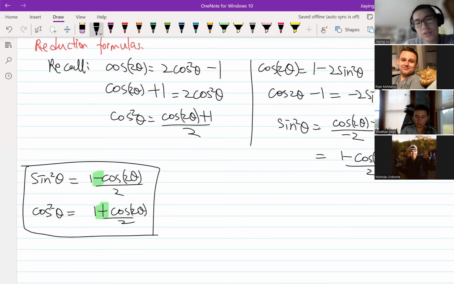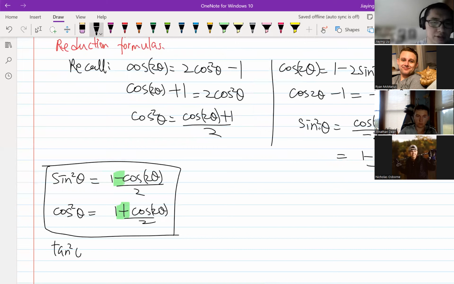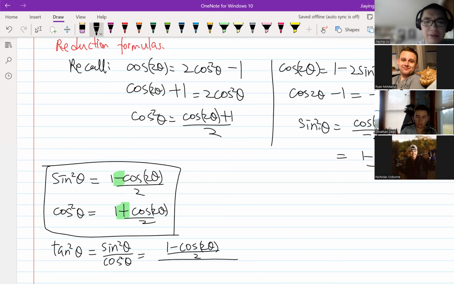Now, in the book, there's also a tangent formula. I'm not even going to write it down. But if you want, you can think about tangent squared theta as sine squared theta over cosine squared theta. So that's going to be 1 minus cosine 2 theta over 2 divided by 1 plus cosine 2 theta over 2.